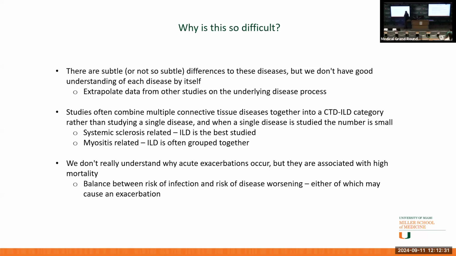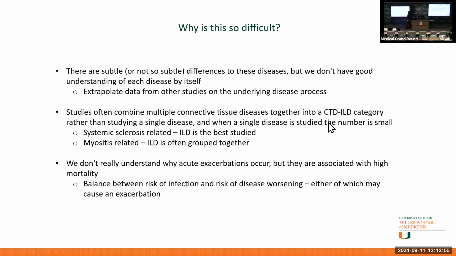The studies that we have on connective tissue disease ILD often combine a bunch of these diseases into one instead of really studying a singular disease, with the exception of systemic sclerosis, which is a lot of times studied by itself. But even things like myositis-related ILD, we know MDA5, antisynthetase syndrome, these are different disease processes. So studying them all together, again, is a little bit challenging.